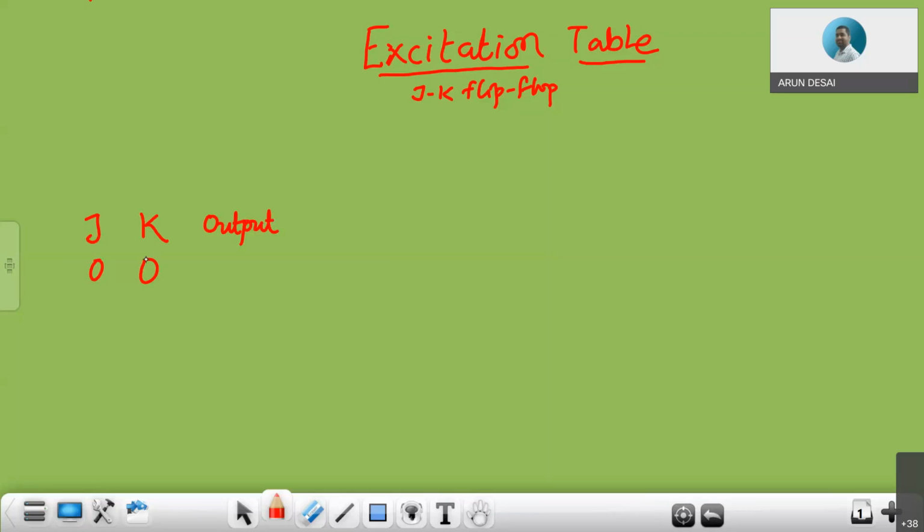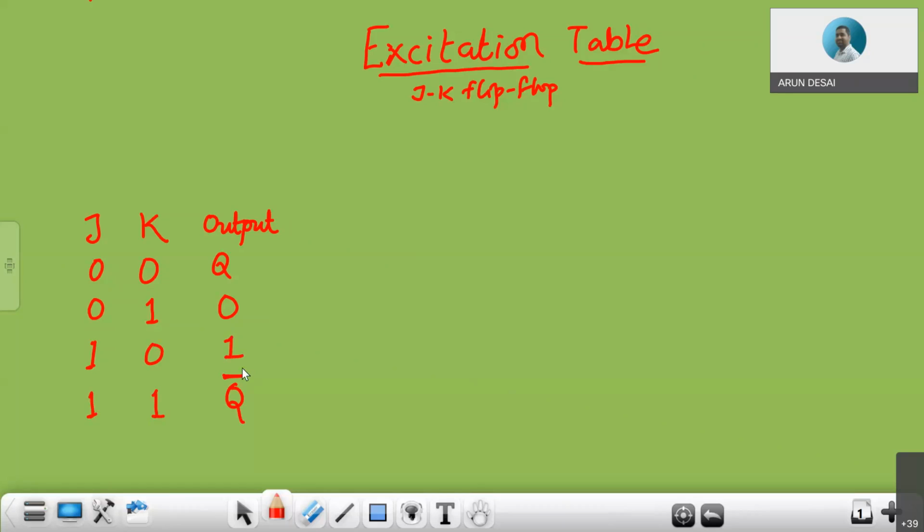If J is 0 and K is 0, whatever is there in Q is present over there, right? Then if J is 0 and K is 1, then it resets, right? If J is 1 and K is 0, then it sets the flip-flop, right? And if J is 1 and K is 1, whatever is there in memory is complemented. So this is a table which is used for JK.